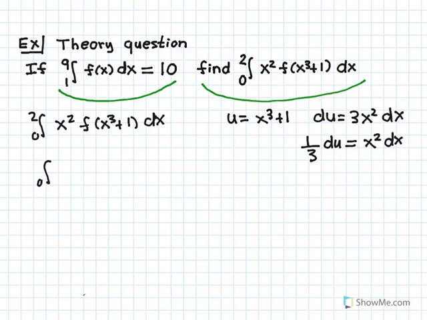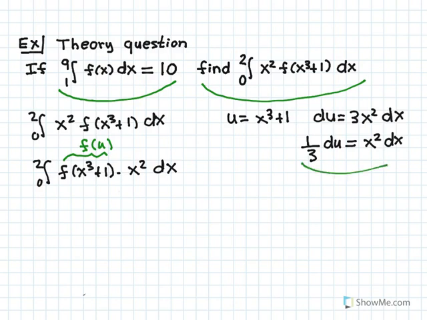So let's rewrite this integral: 0 to 2, f of x cubed plus 1 times x squared, and integrate with respect to x. Now, this part of the integral is just going to be f of u. And x squared dx, we showed here, is going to be 1/3 du.